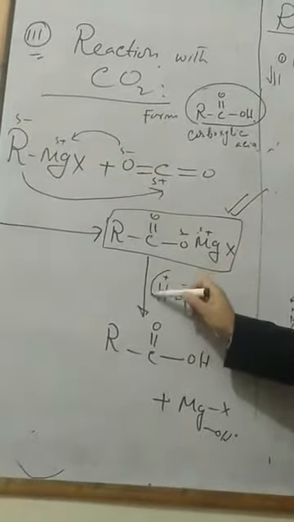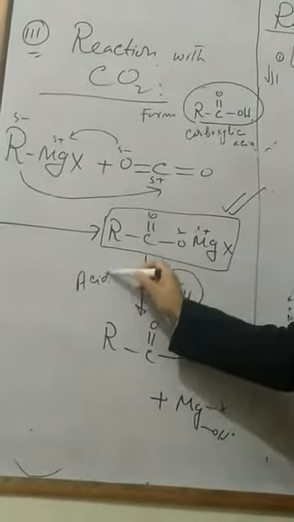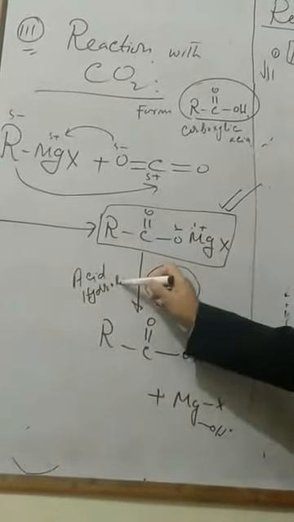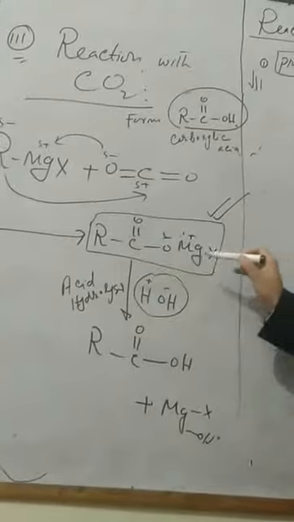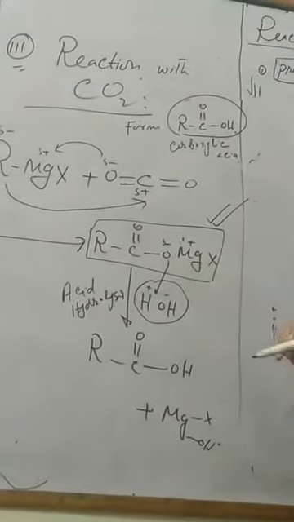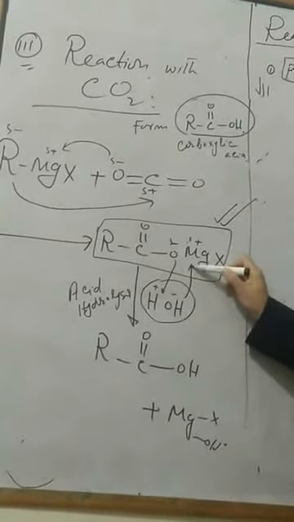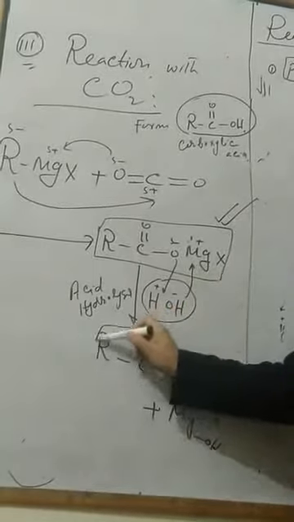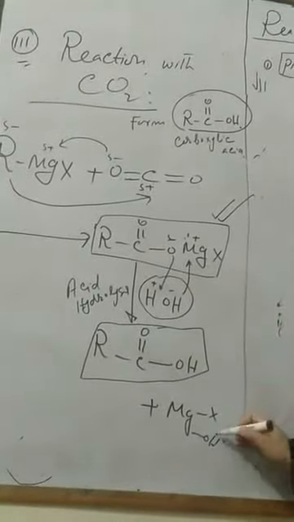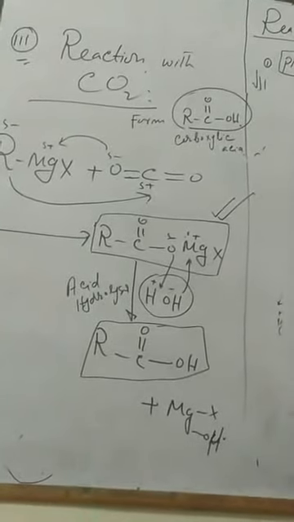And then it undergoes acid hydrolysis, like the previous reaction. In this acid hydrolysis, this negative attacks this hydrogen, and this magnesium is attacked by this OH, with the result that we get carboxylic acid and MgX OH.